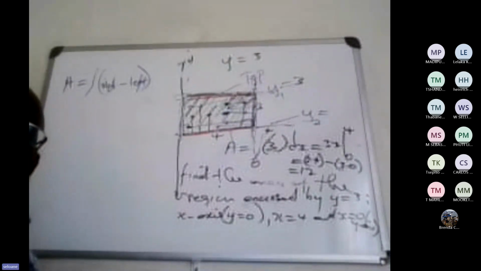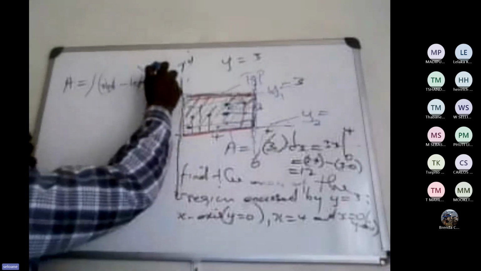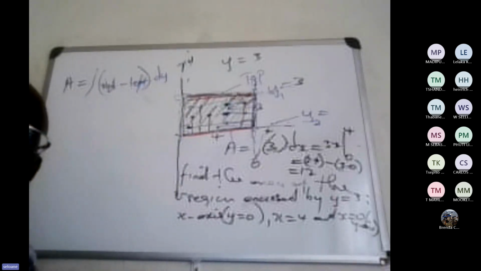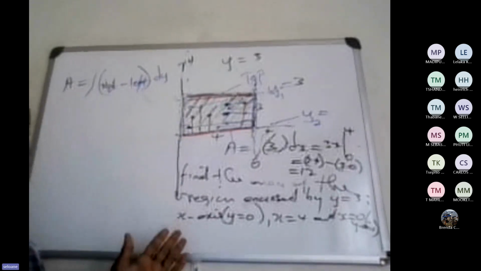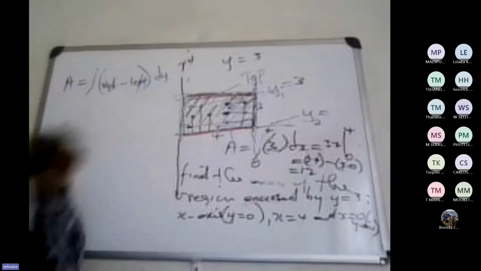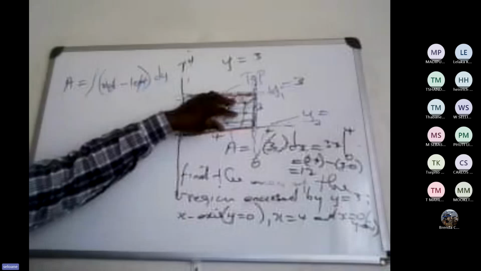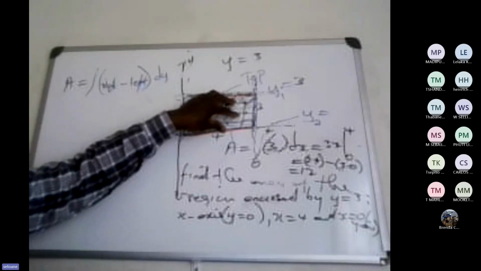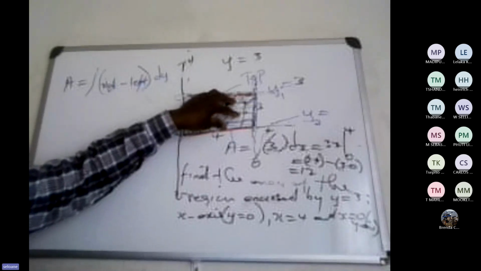Yes. If that is the case, then we're going to integrate with respect to y. Then from there you can finish it. Because once you say with respect to y, you must now ask yourself, this region is enclosed by which two horizontal lines?